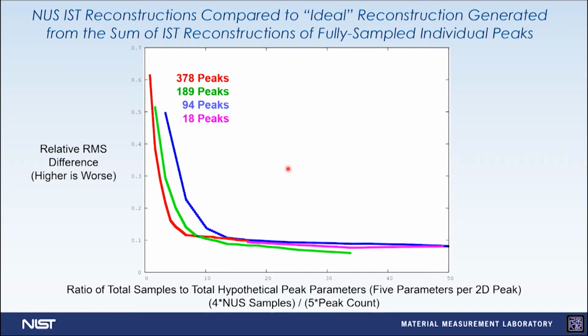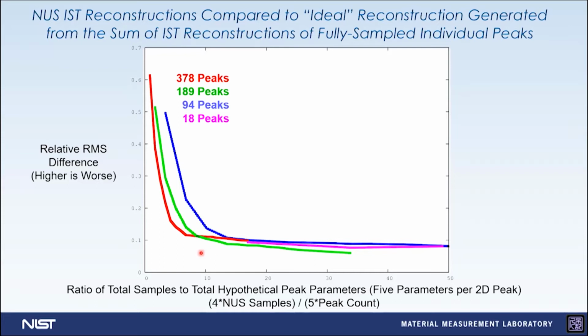So each peak requires a certain number of parameters to describe it, and we have to have enough samples to account for those parameters. And so if we imagine peaks described in terms of a number of positions and line widths and so on, we can describe a kind of hypothetical parameter count for a given spectrum with respect to sampling density and the quality of a reconstruction.